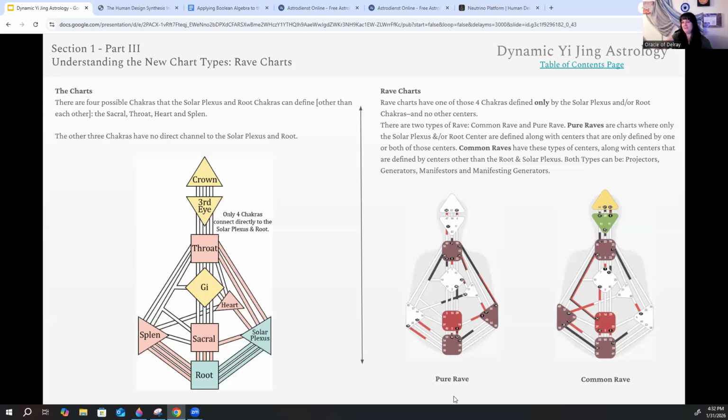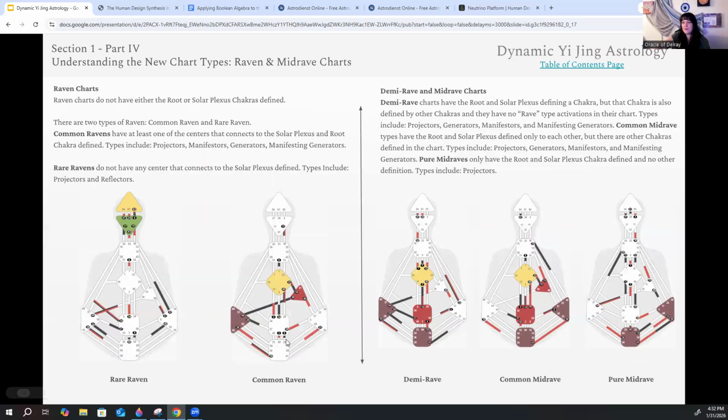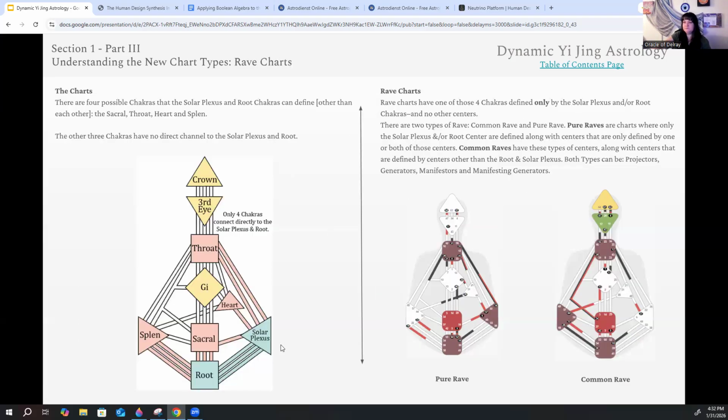But in terms of categorizing them, they're pure rave, common rave, rare raven, common raven, demi-rave, common mid-rave, and pure mid-rave. Ravens don't have the solar plexus or root defined at all. A common raven will have one of these four defined, and a rare raven will not have any of these four defined.